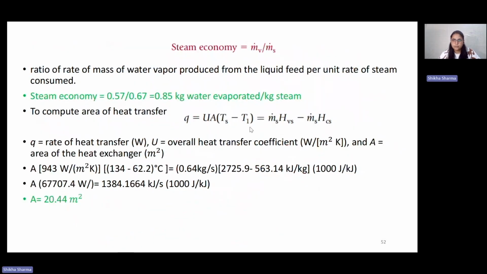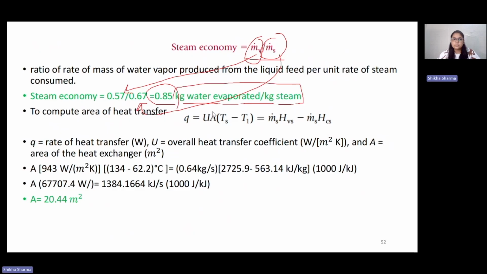Now the steam economy we need to calculate, which is basically the ratio of the rate of the mass of water vapor produced from the liquid feed per unit rate of the steam consumed. So how much steam is consumed? MV is basically 0.57 divided by MS, MS is basically 0.67, which equals 0.85 kg water evaporated per kg of the steam.